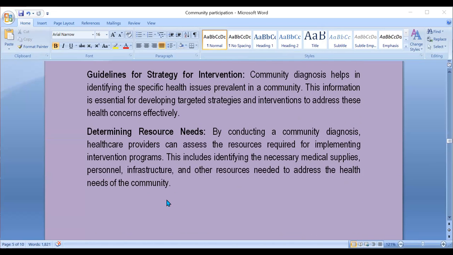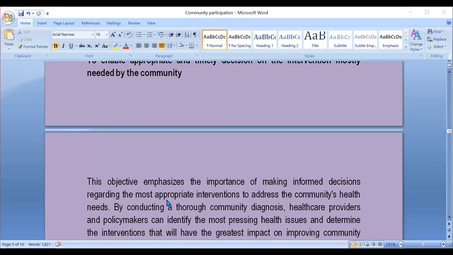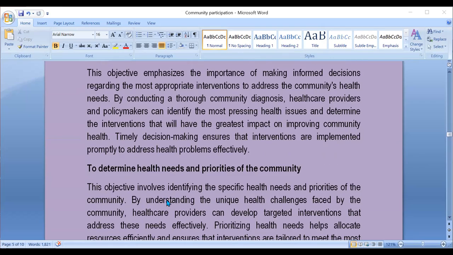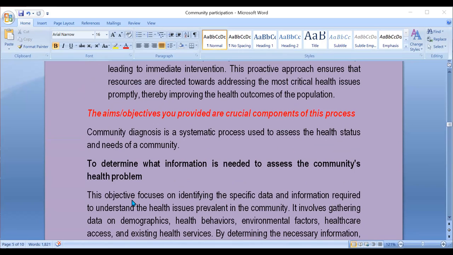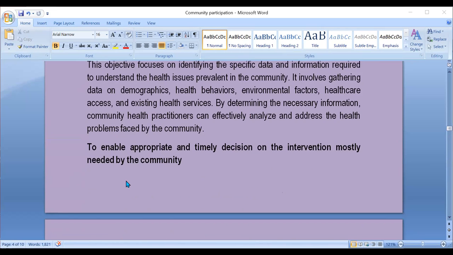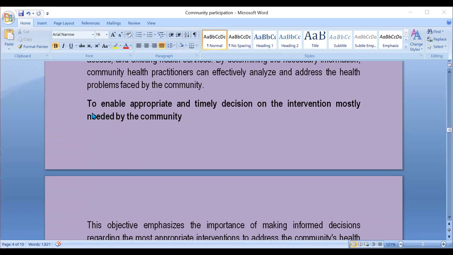These are the aims of community diagnosis and also the roles of community diagnosis. I'll take it again. One, the aim is to determine what information is needed to assess the community health problem. Two, another aim is to enable appropriate and timely decisions on intervention mostly needed by the community.